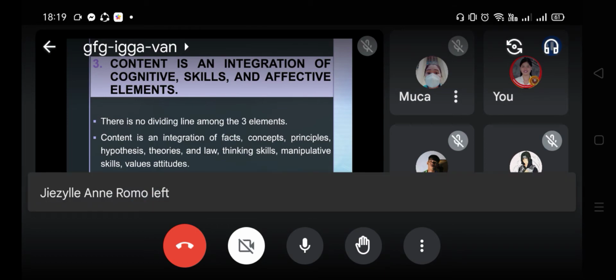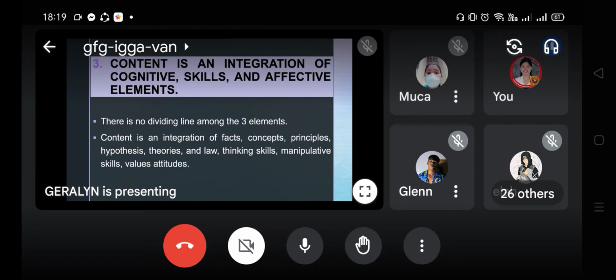Why? Sa objectives na to, naana silang tulo. And again, ang purpose sa activities is to attain the objective. So therefore, we have to make sure nga kung naay three domains sa ang objective, dapat mo reflect siya sa ato ang content or sa activities.